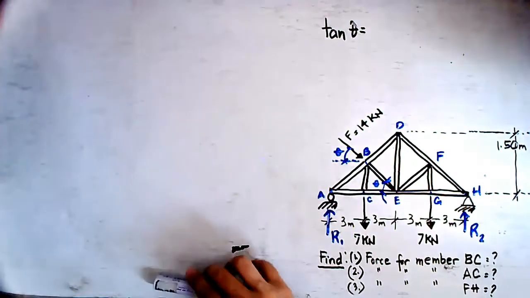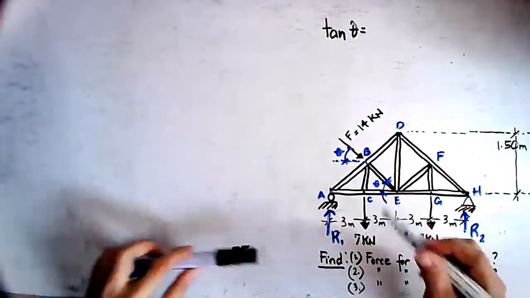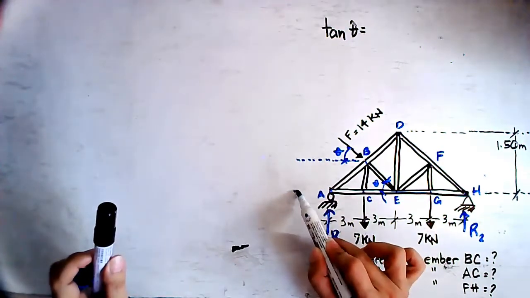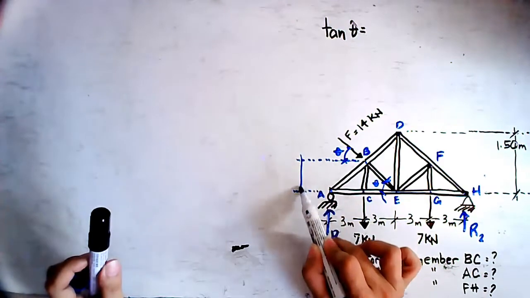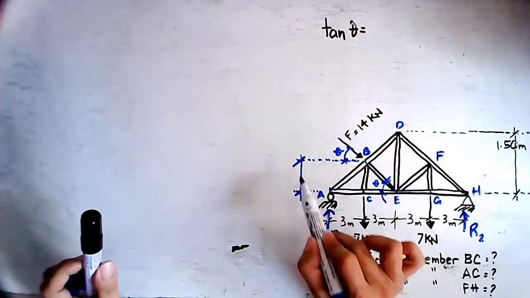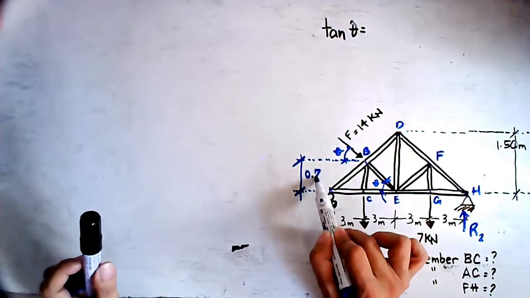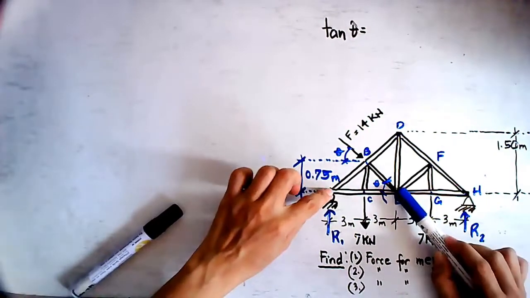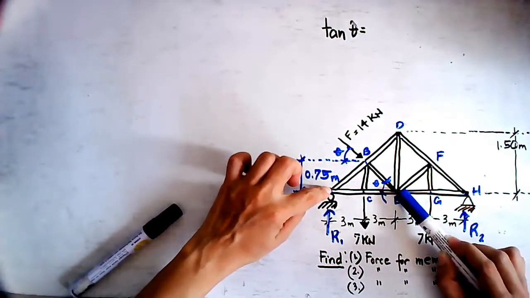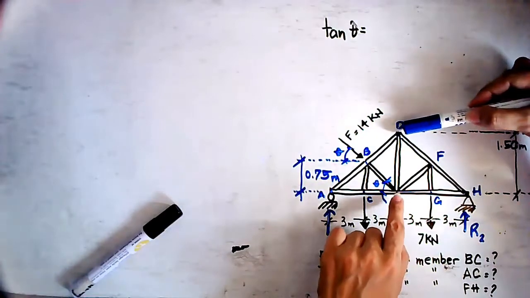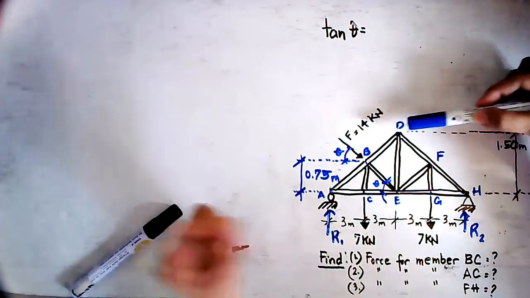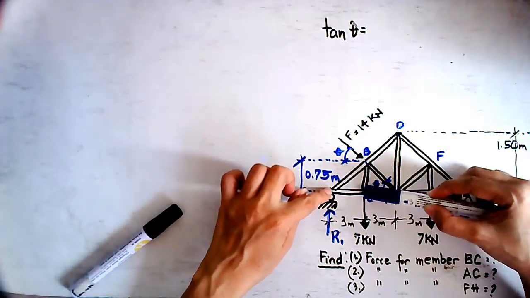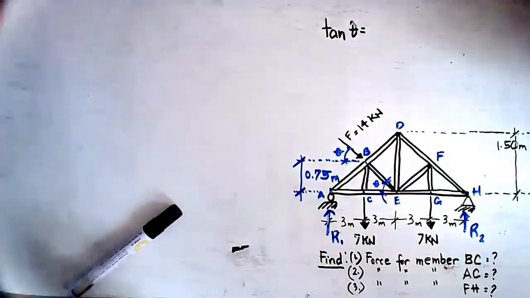So the analysis would tell us that the distance from point B to point C is half of the 1.5 meters, so this is 0.75 meters. Since the distance from point A to point E is 6 meters, and the distance from point B to point E is 1.5 meters, by ratio and proportion, since this is 3 meters, this would be half of the 1.5 meters.